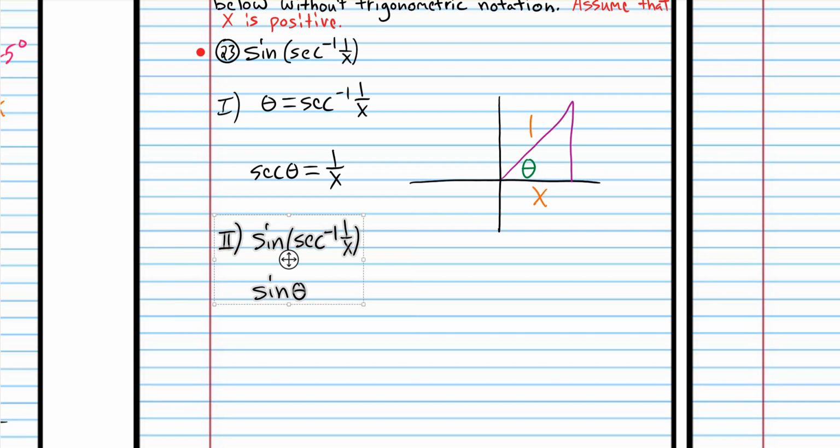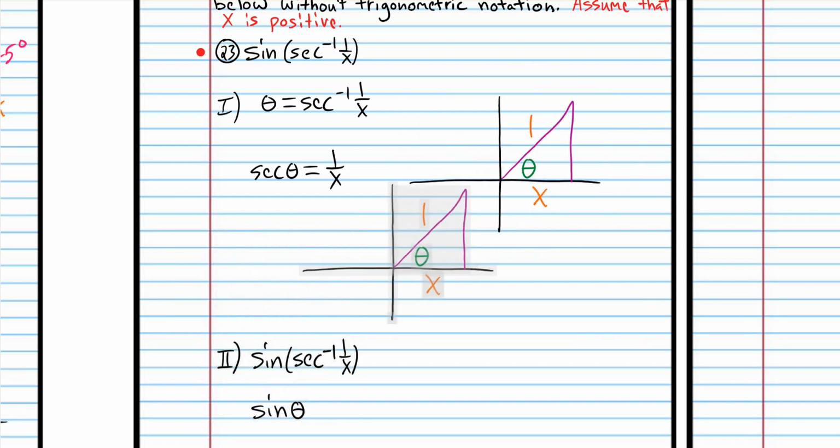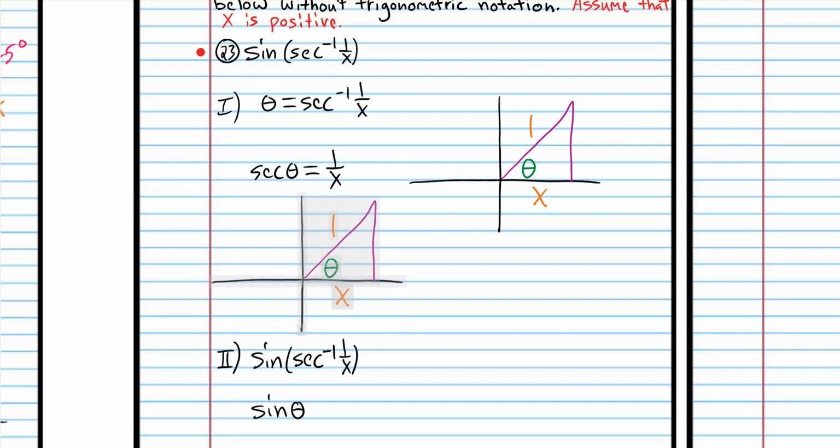So how do we do this? Well, let's move this stuff down here. I'm going to move this graph over here so we have enough room to use the Pythagorean theorem. So the Pythagorean theorem says a squared plus b squared is equal to c squared. And I'll let a equal x and b will be the side that we're looking for.